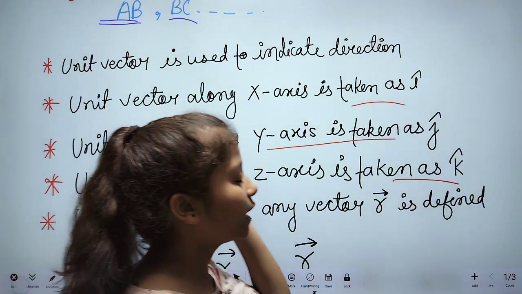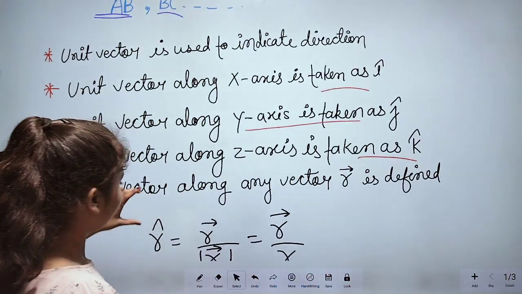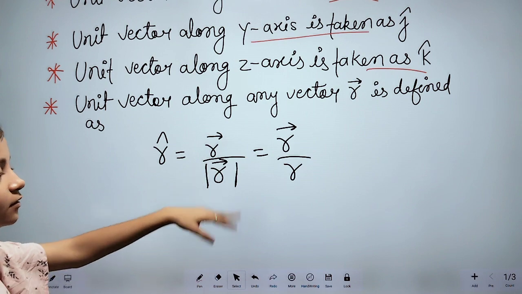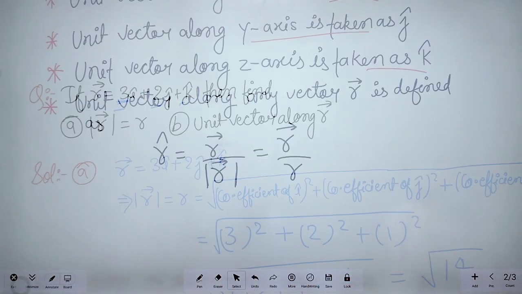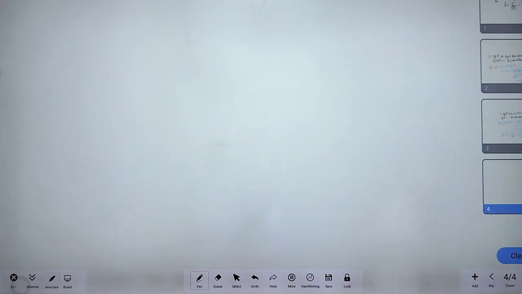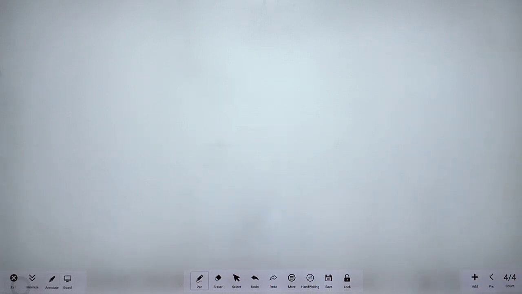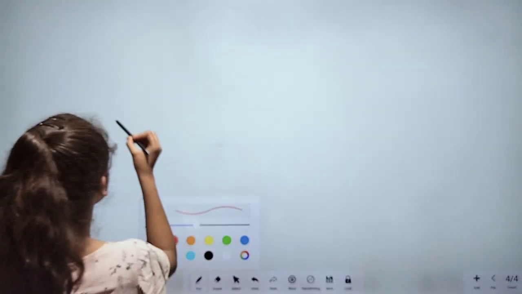Unit vector along any vector is defined as r cap is equal to r vector by magnitude of r vector. Okay, so let's do one more question.